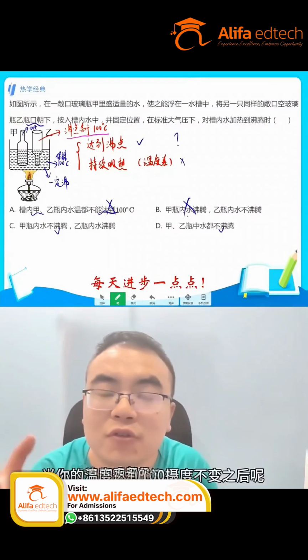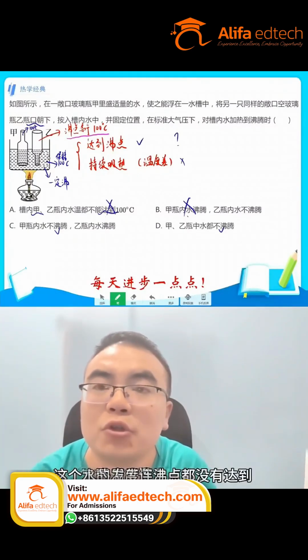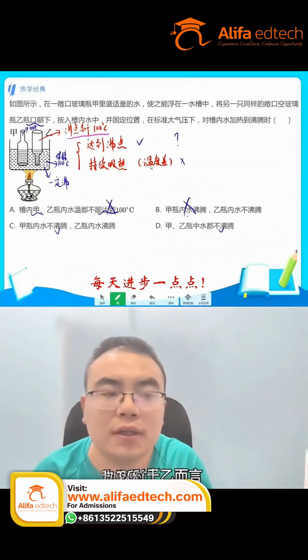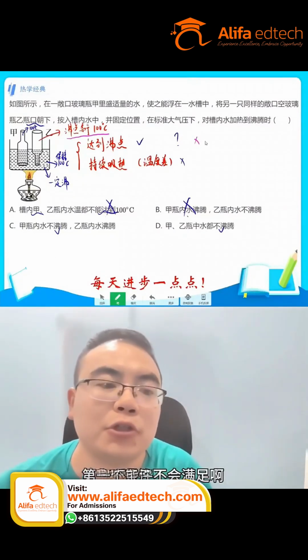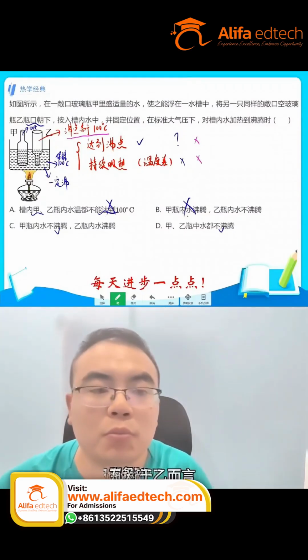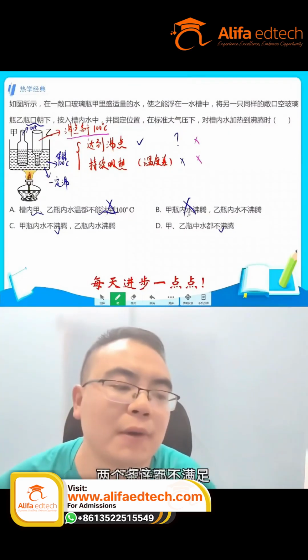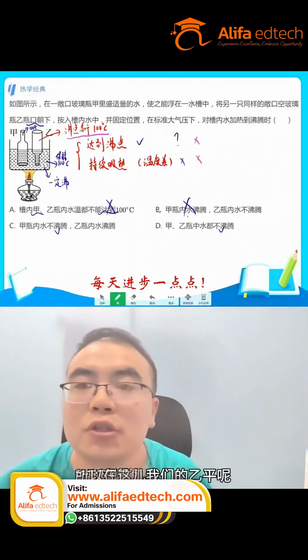So when your temperature reaches 100 degrees Celsius and stays there, the water hasn't even reached its boiling point. So for bottle B, the first condition is not met. Since the first condition is not met, the subsequent one won't be met either. Therefore, for bottle B, neither of the two conditions is satisfied, so bottle B also does not boil.